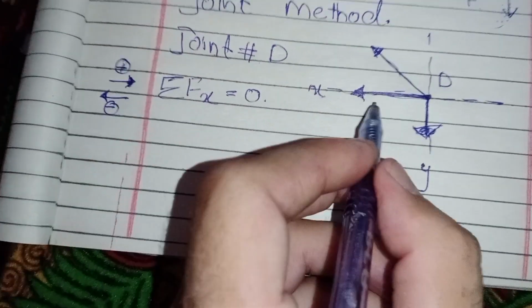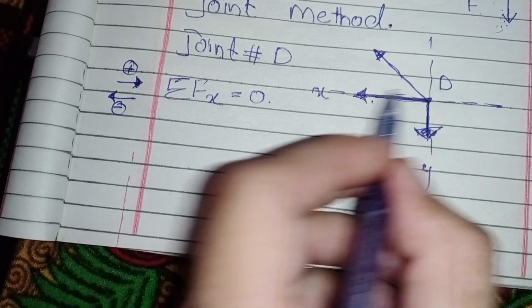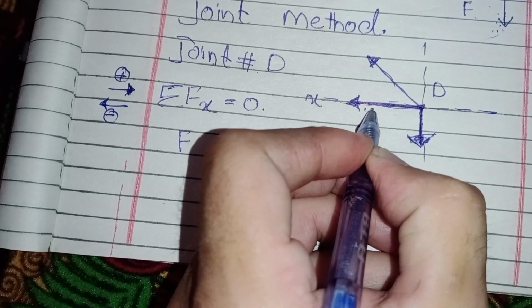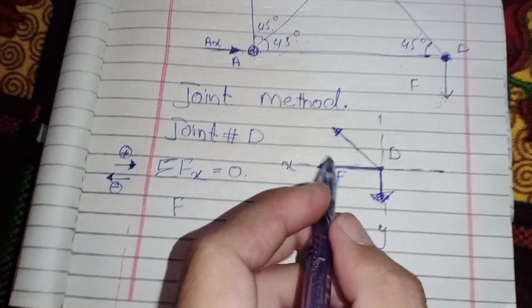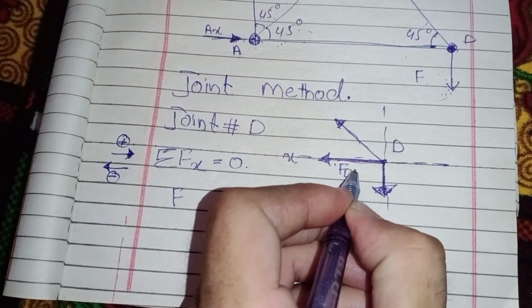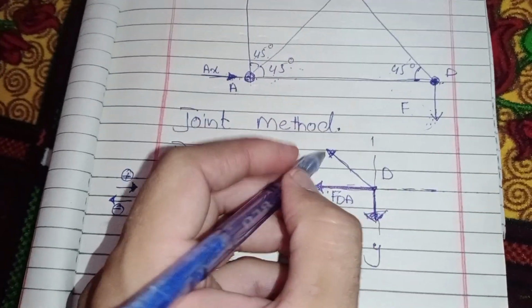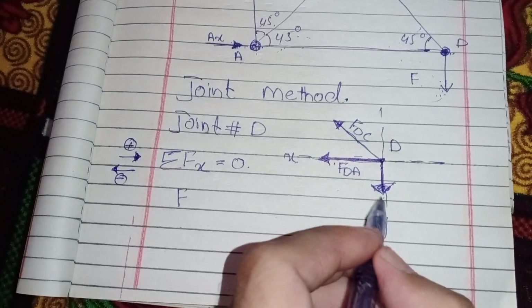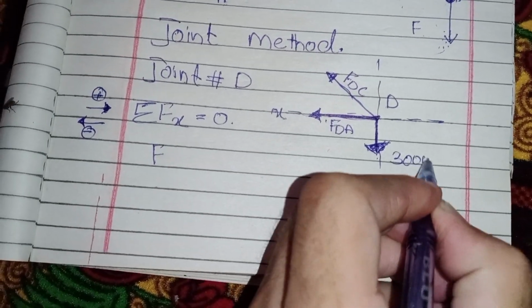Okay, so this is force FDA, and this is force FDC, and this is load 3000, which is given here, 3000 Newton.